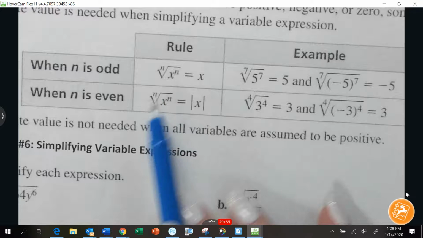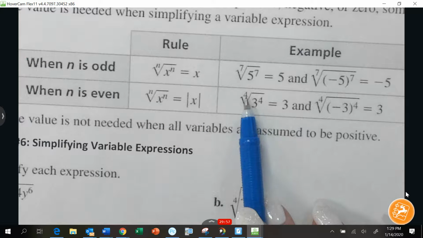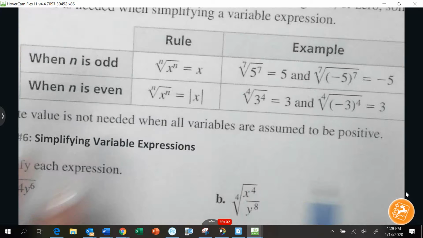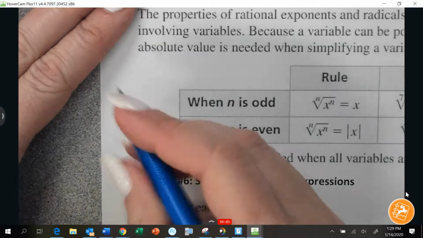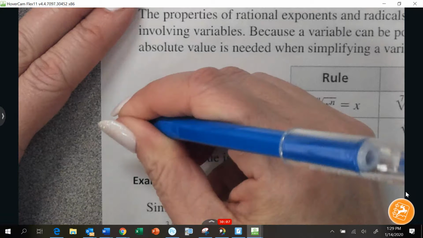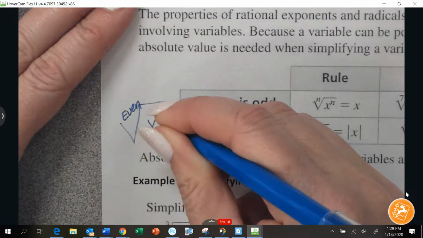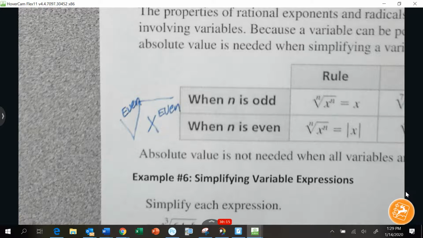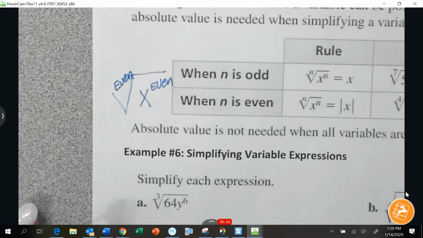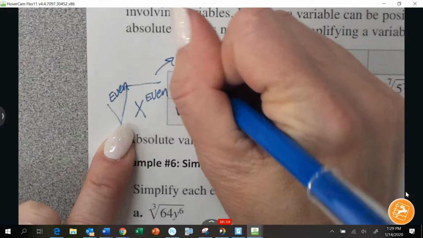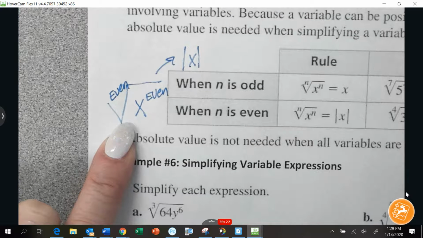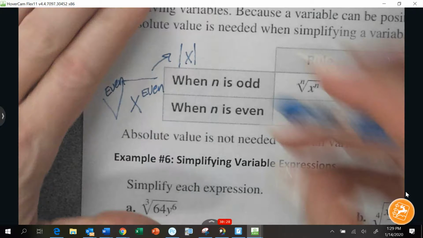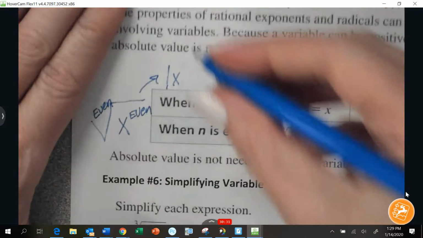What they've written in the example here is when n is even. So what I like to write, I don't write it this way. I write, if we have a situation where we have an even root and an even power, when we find that root of x to whatever exponent, you would get. So if you have even, now there's one more part to my little trick here.